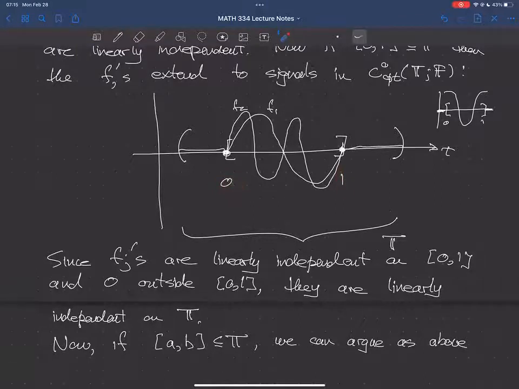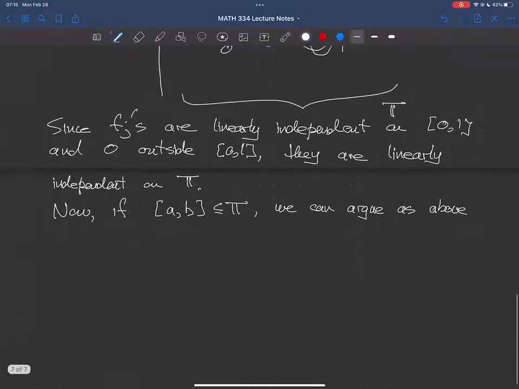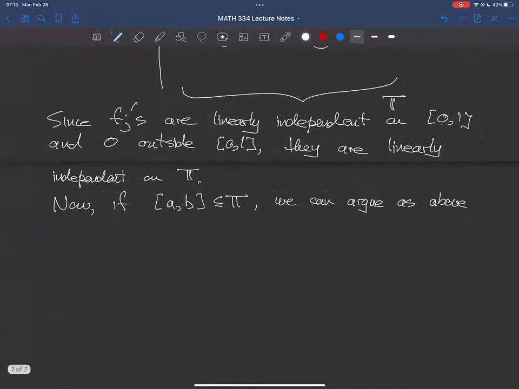So I just have to revise the argument of my sine function to make sure that the function defined on the interval 0, 1 is now defined on the interval AB. Okay, I'm not going to explicitly write down how to do that, but you can easily see that that can be done.